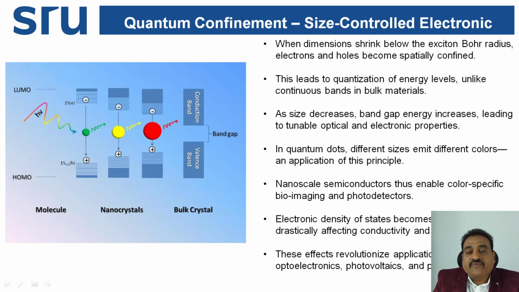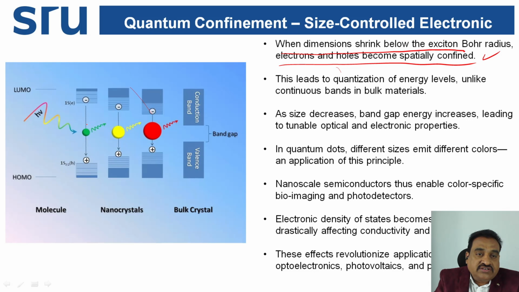Quantum confinement, size controlled electronics. When dimensions shrink below the exciton Bohr radius, electrons and holes become spatially confined. You can observe here clearly the photon energy, how it is moving.